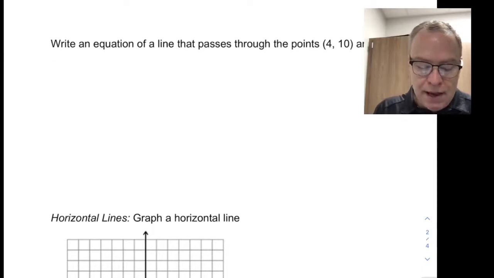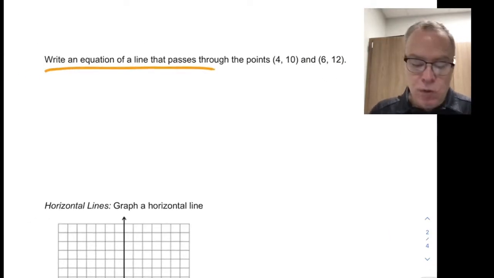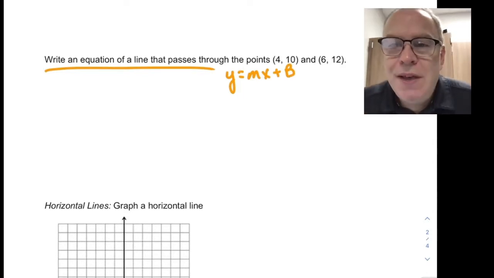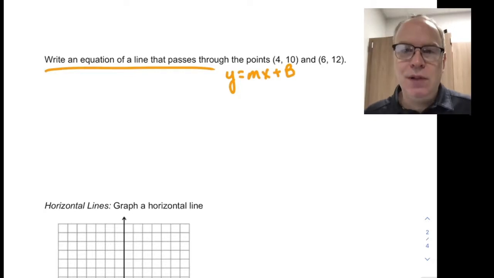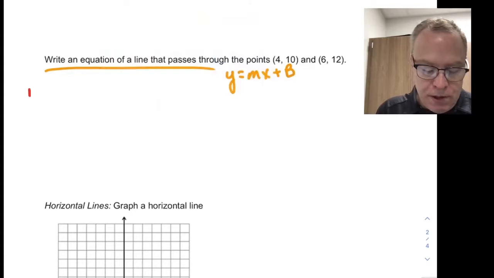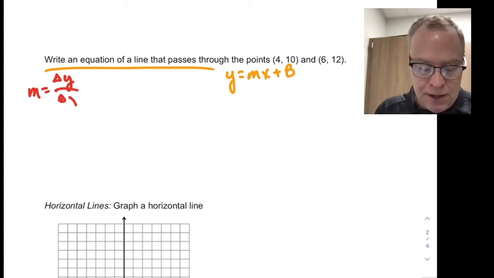Now, writing an equation given information means we need to plug in our m and our b. But you know what? Neither of those were given to us, so what can we do? We can figure them out. We can calculate. So we know how to find the slope, don't we? The slope between 2 points is where you subtract the y's, delta y is another way of saying that, find the difference of the y's over the difference of the x's.